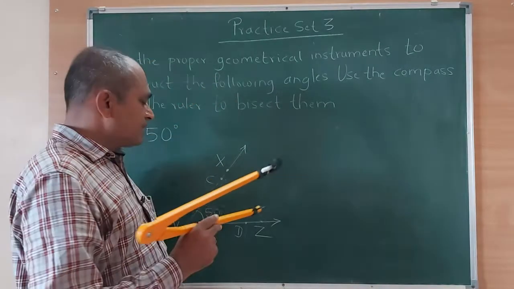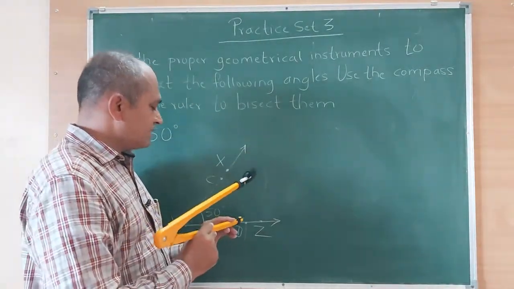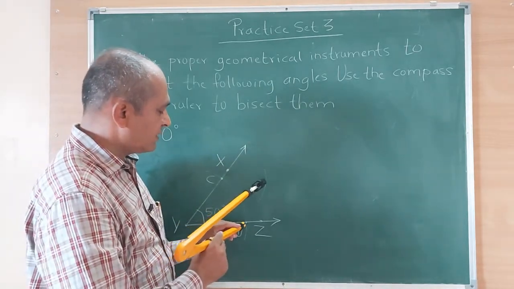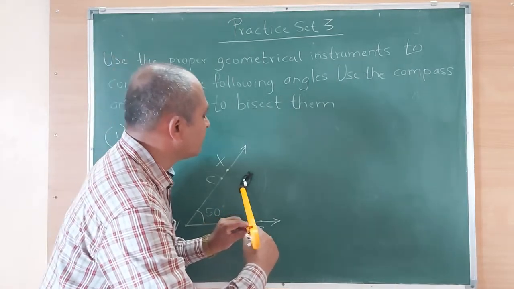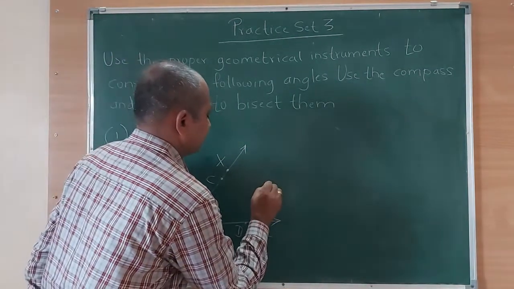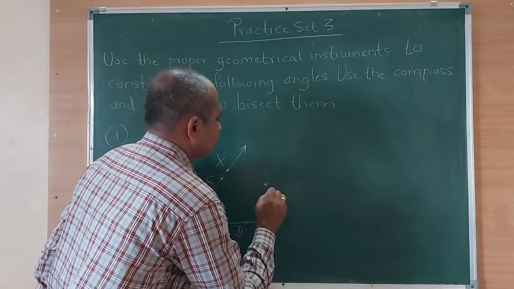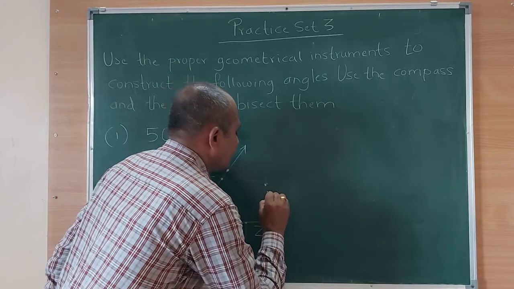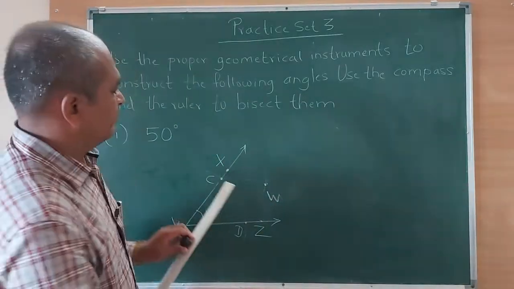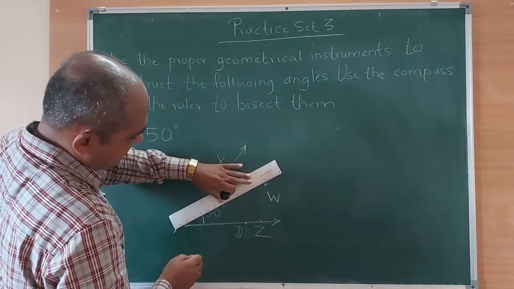Keeping the same distance, put the metal tip of the compass on the second intersection point, that is point D, to cut the previous arc. And name this as W. Join this intersection point to the vertex of the angle.